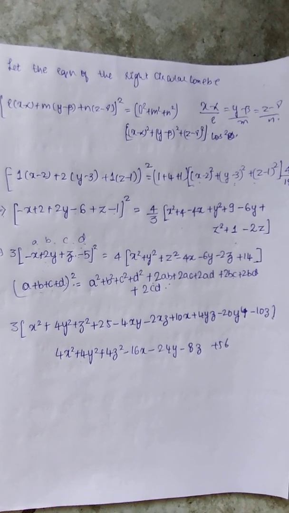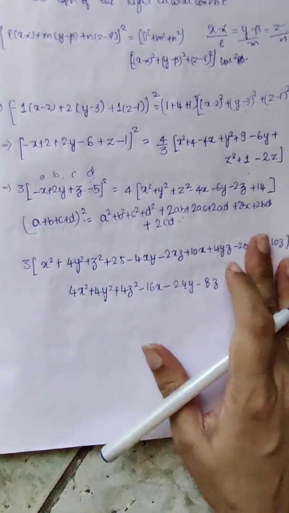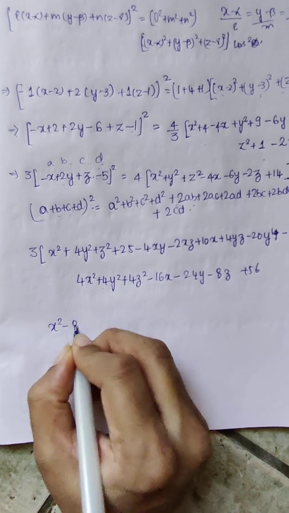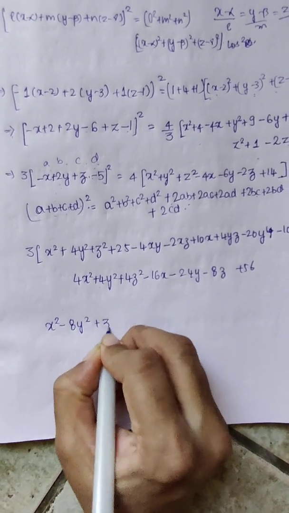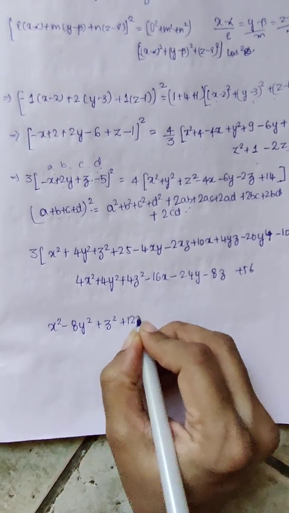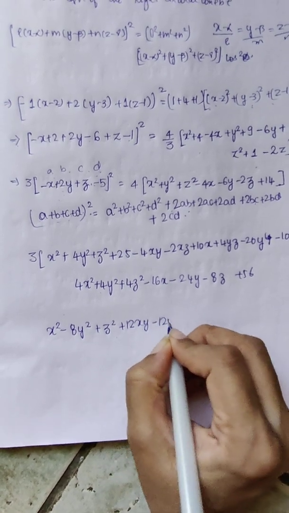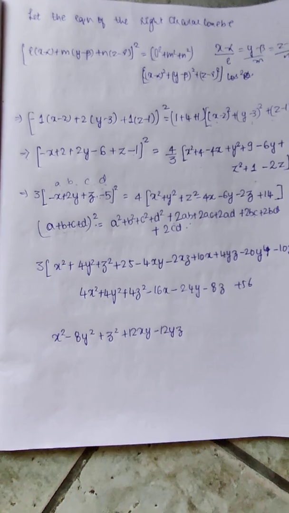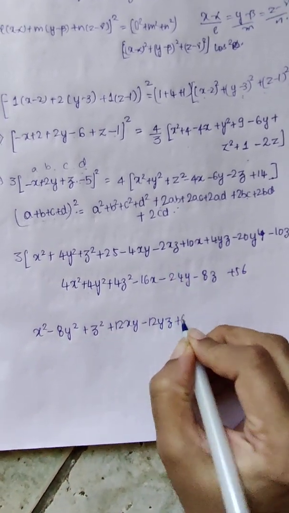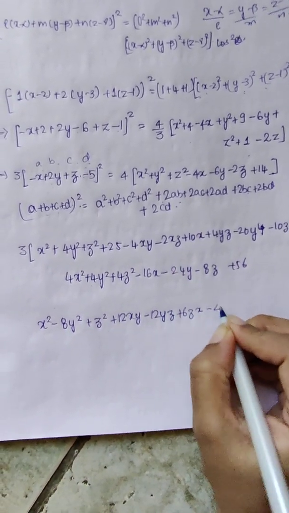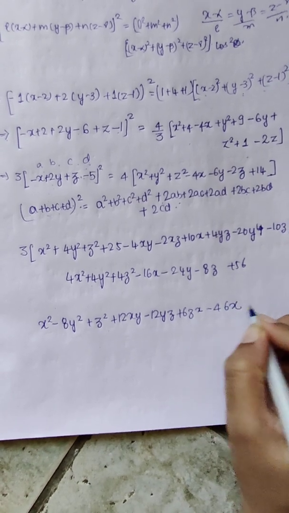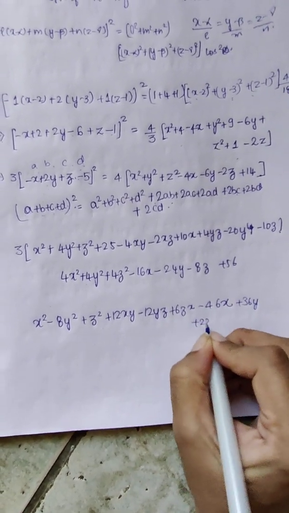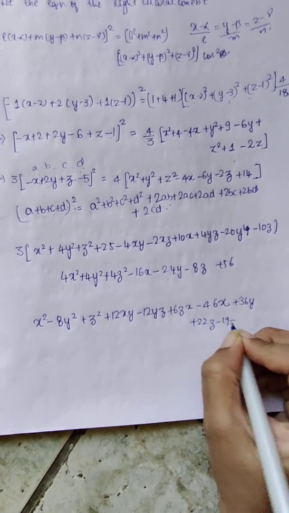So I'll be left at the end, after solving all of this and putting all like terms together, with x square minus 8y square plus z square plus 12xy minus 12yz plus 6zx minus 46x plus 36y plus 22z minus 19 equals 0.